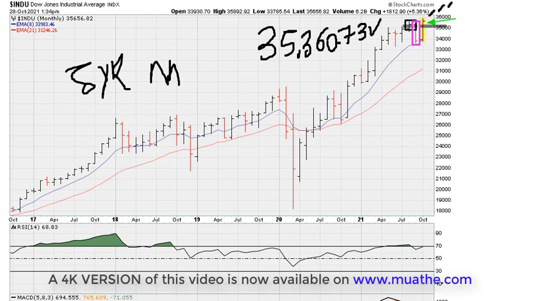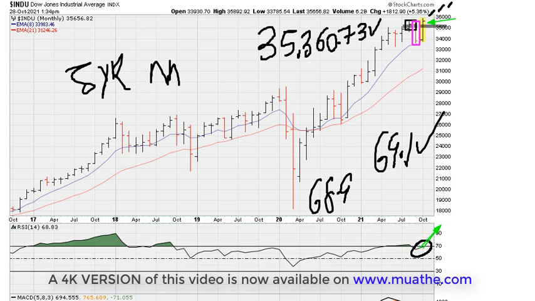Remember, for this to be truly a strong market as far as the Dow is concerned, the RSI needs to move back above 69.1. Right now it's trading at about 68.9. Very close. So the monthly RSI would need to push above this threshold if bulls are to continue enjoying the current run.